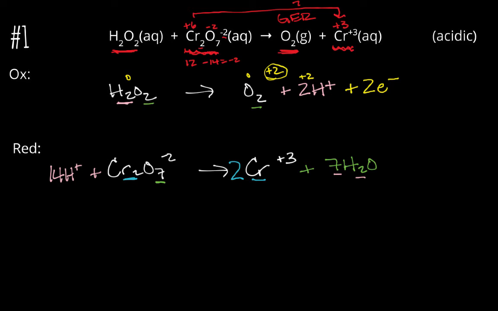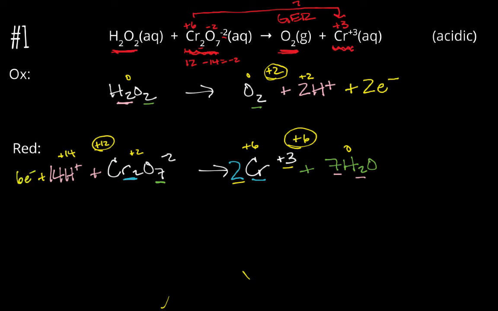Then if I come down to the bottom, I have +14 and -2, so overall this is a +12. This side, 2 times +3 is +6. This is 0, so +6 over here. So the only way to balance that out is to add 6 electrons on this side.